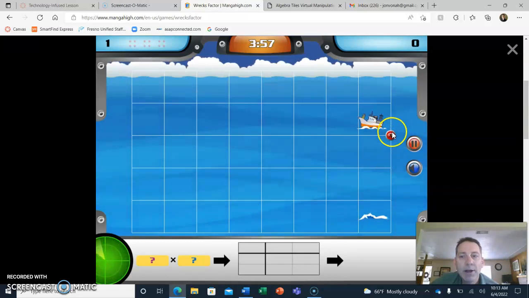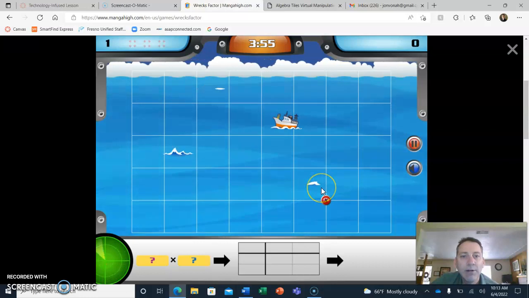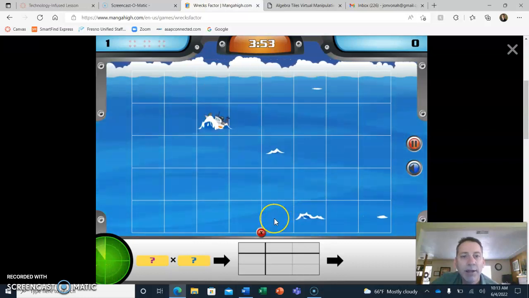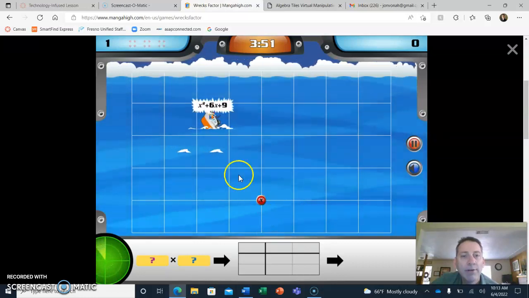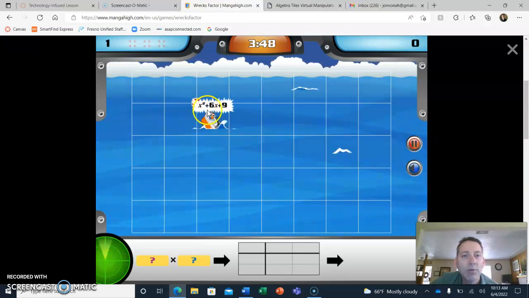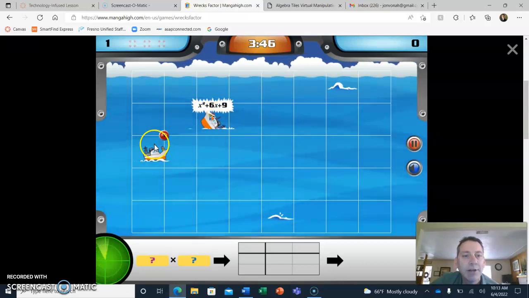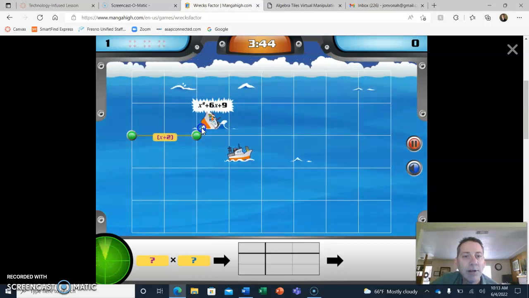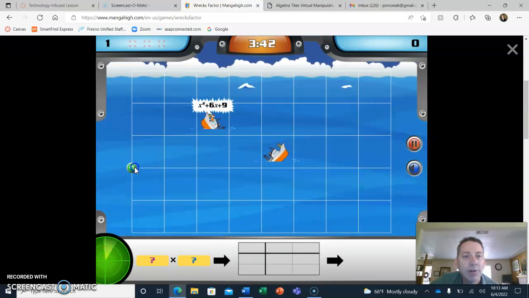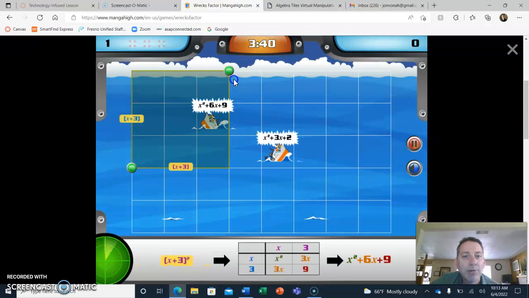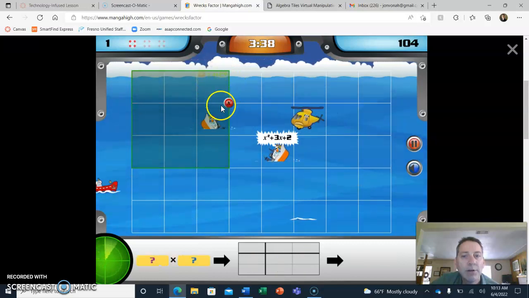Basically, what you have to do is, you have these ships that either hit icebergs or get struck by lightning or swamped by a wave, and they give you a trinomial, x squared plus 6x plus 9, and I have to factor that, so that's going to be x plus 3 times x plus 3, and then they get rescued.